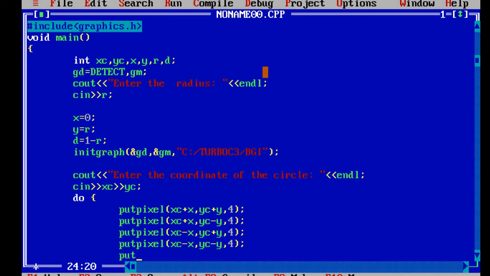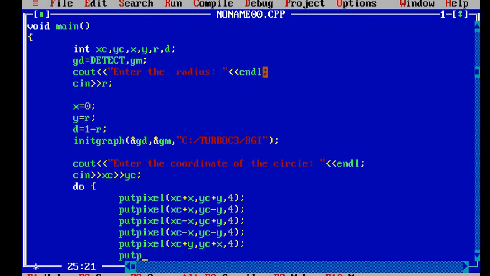Putpixel xc plus y, comma yc plus x, comma 4.